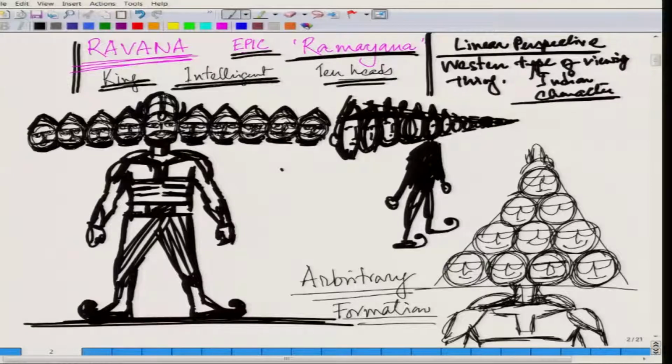You divide the space, make it frontal. You do not follow the European Renaissance norm of linear perspective. We totally reject it. We make it frontal, two dimensional with a different arrangement. So, that is all about what is mandatory and what is arbitrary.